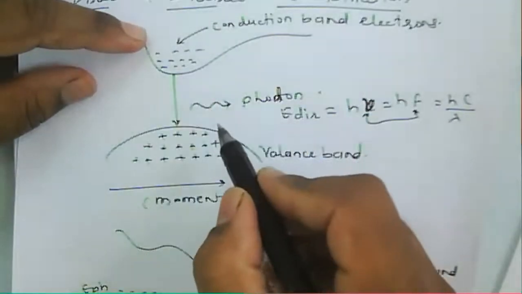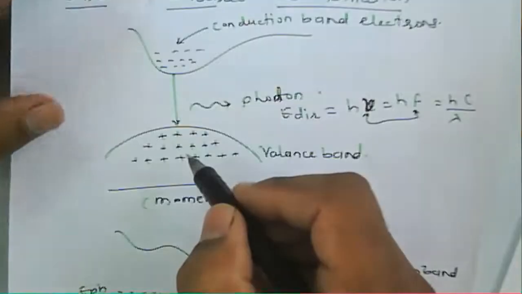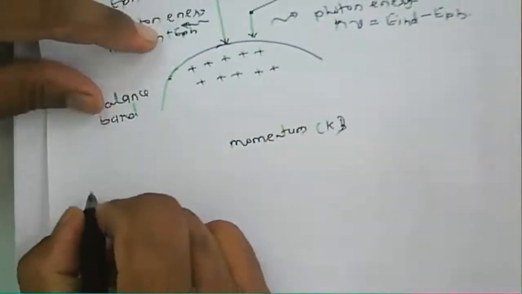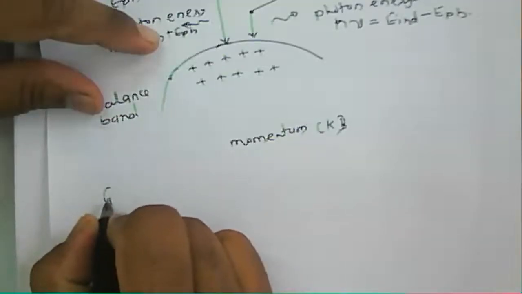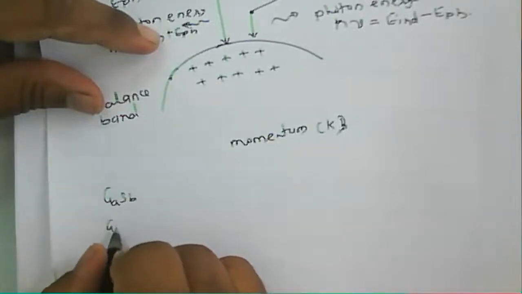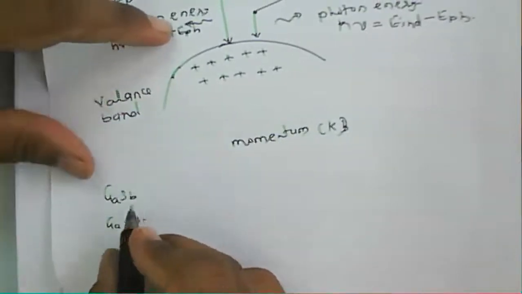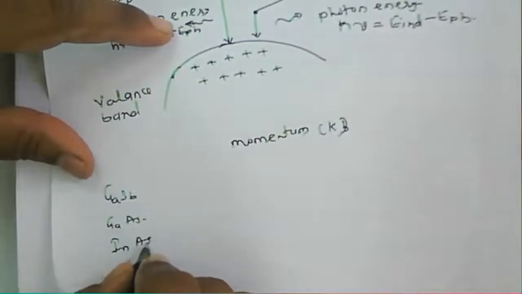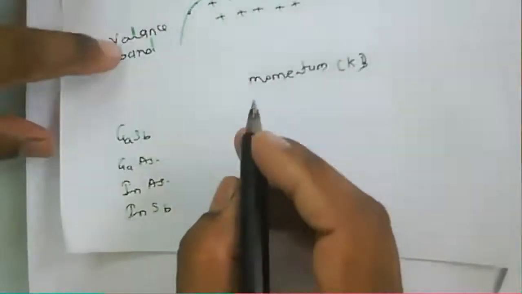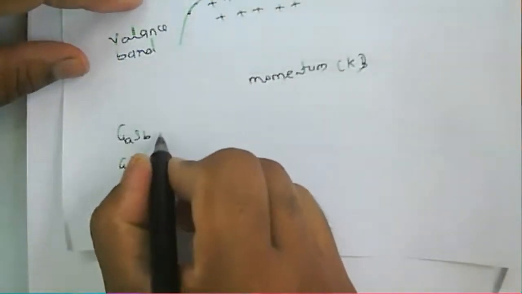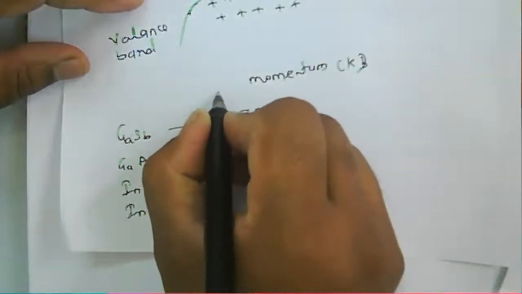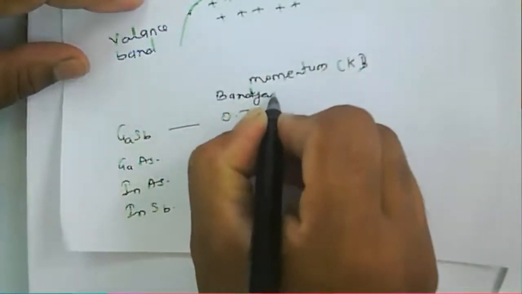Now what are the materials that produce direct band recombination? They are semiconductor materials such as GaSb, gallium arsenide, and indium arsenide, InAs. For this particular semiconductor material, the band gap energy is about 0.73.